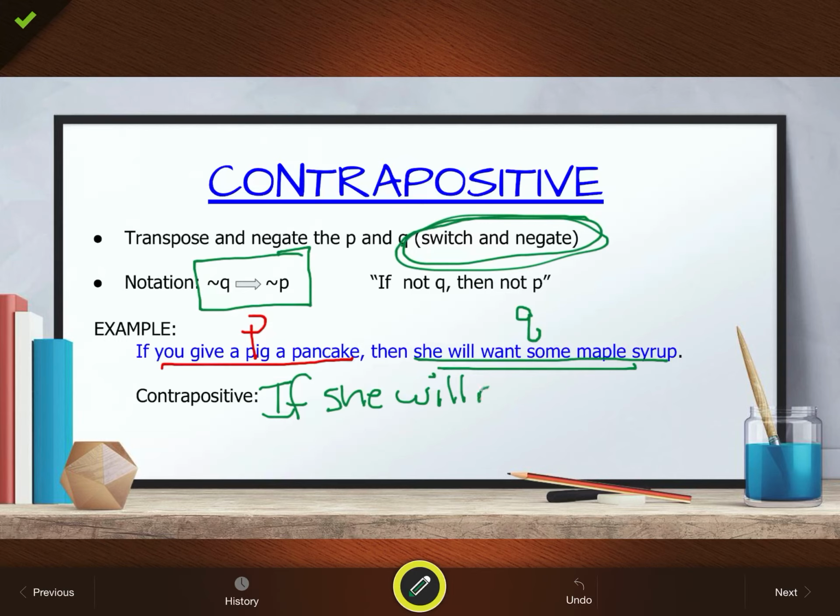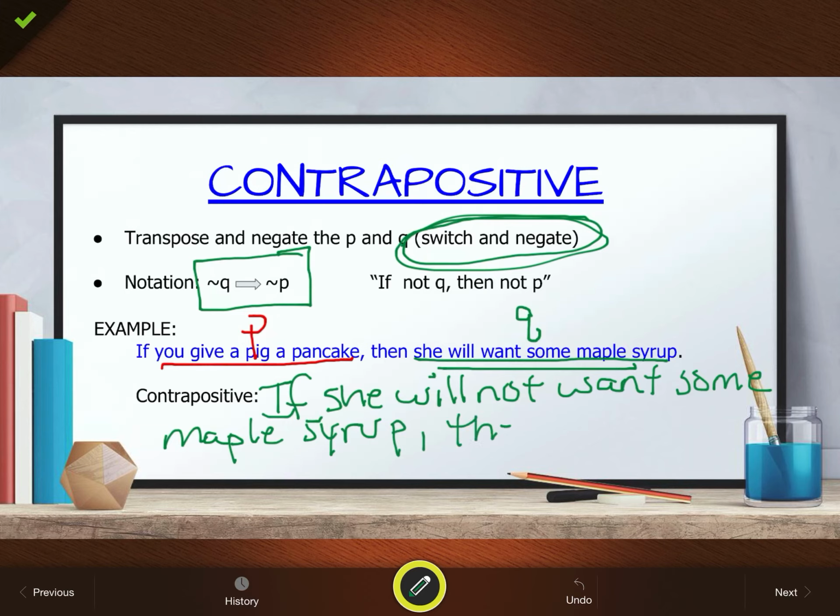So if she will, and I got to negate, switch and negate. If she will not want some maple syrup, and again, that sounds a little awkward. It's not wrong, but we usually don't speak like that. Then, okay, so I switched, moved my Q up front. Now I'm going to do my P. If not Q, then not P. Now I got to negate this because it's switch and negate.